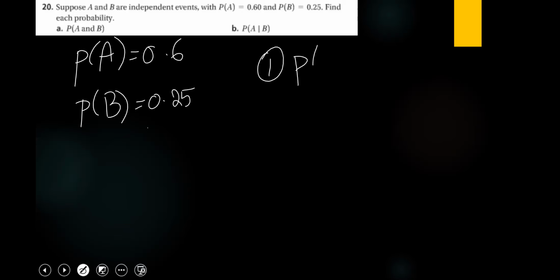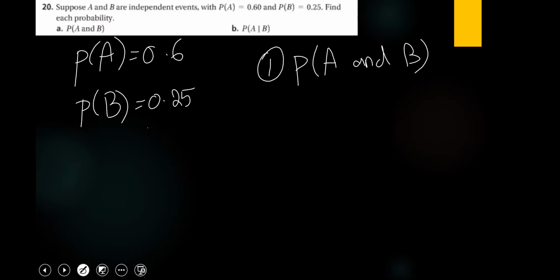Suppose now A and B are independent events. The probability of A is 0.6 and the probability of B is 0.25. Find each probability. First, find the probability of A and B. What do we have to do if we have A and B for independent events?